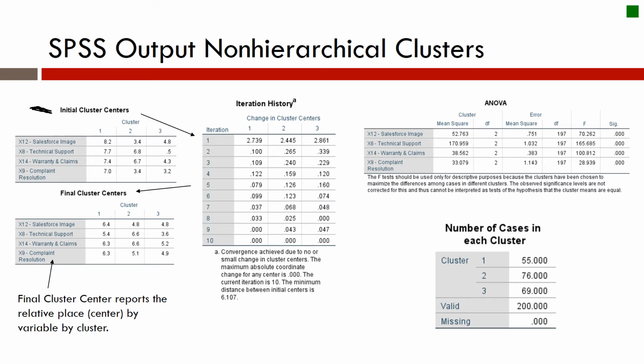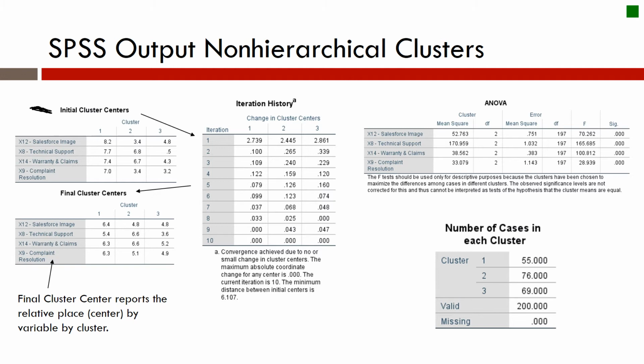We have 3 clusters actually in this example, with 4 variables, and so these would be the estimated locations where we would start the analysis. If you want to specify in advance what you want these seed locations to be, you can. However, SPSS will go ahead and input those for you.